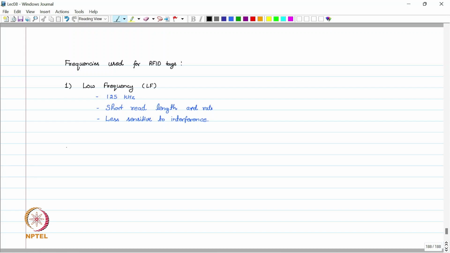The next is the high frequency, or HF. These are typically 13.5 megahertz.